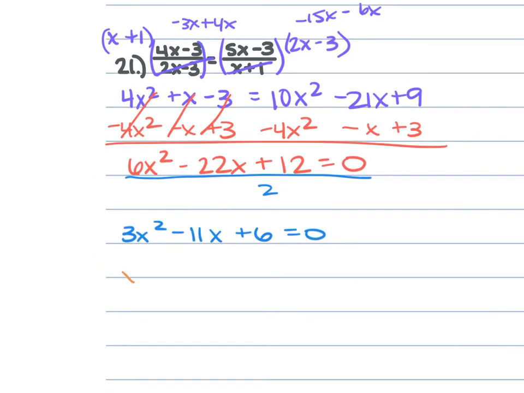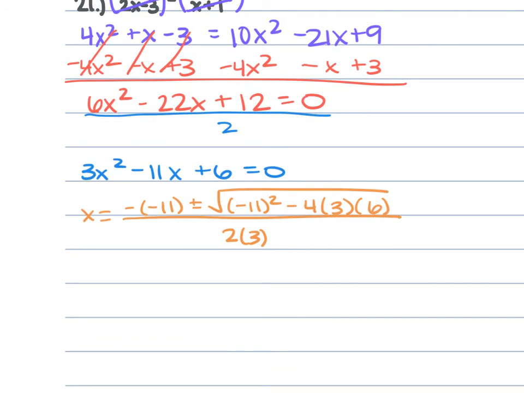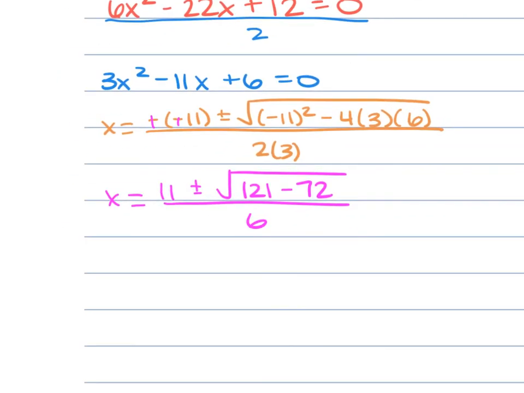So from here, x is equal to negative times negative 11 plus or minus the square root of negative 11 squared minus 4 times 3 times 6 all over 2 times 3. So x is equal to 11 plus or minus the square root of 121 minus 12 times 6 is 72 all over 6. The 121 minus 72 gives us 49.